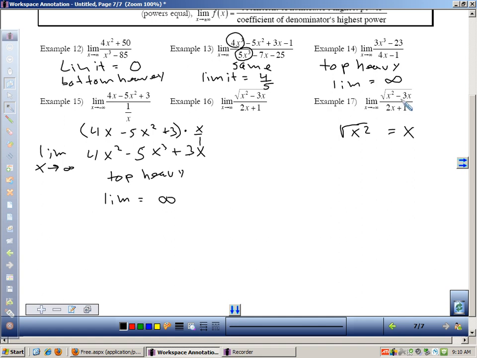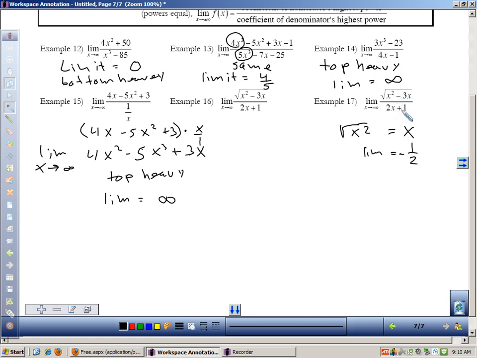I'm just looking at the highest power on x. The highest power on x here is x squared with a square root. So the power of the numerator and denominator are both going to be 1. So they're equal powers. So the limit on this one is -1/2, because we have to be a little careful with this.